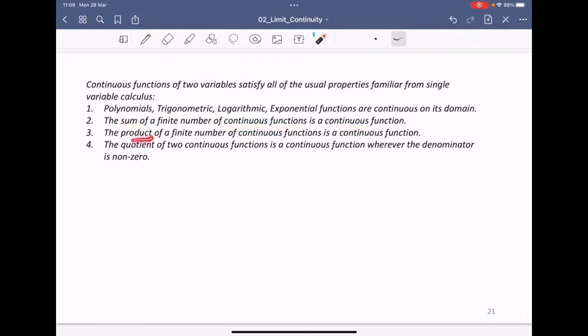The product of continuous functions is still continuous. Continuity is a good property. So when you have two continuous functions, you sum them, take a difference, multiply them, or take the quotient, they are fine. The result that you get is still continuous, so you don't lose the continuity property at all. This is a good property for continuous functions. So keep in mind that you can use that if you want sometimes.